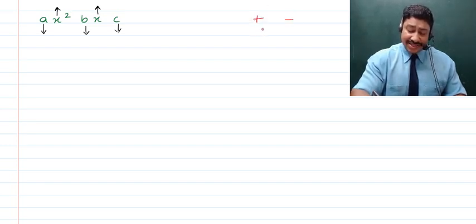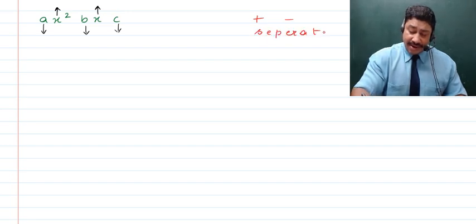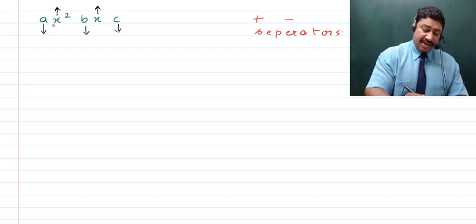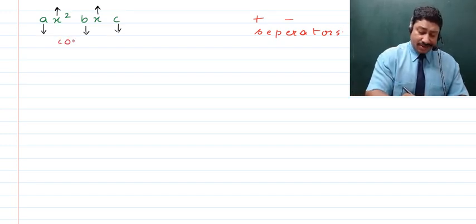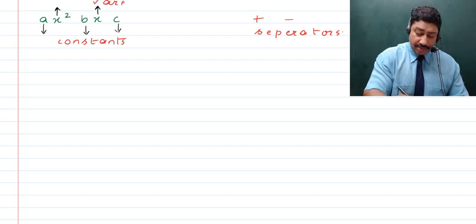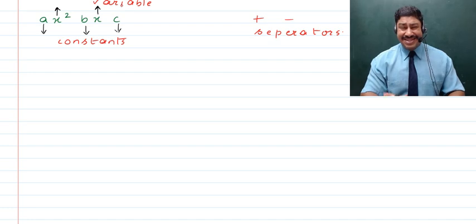So these are separators, right? And further here, children, A, B, C are constants like I told you, and X, Y, Z, etc. are your variables.